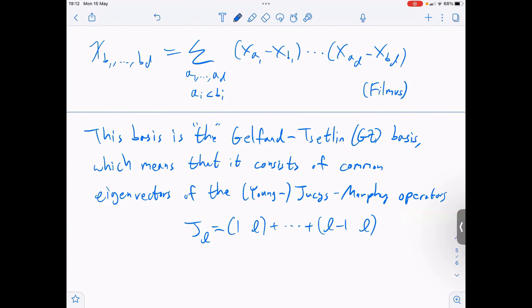Okay, but this does mean that we sort of found the right basis. Yeah, so questions about this before I summarize and suggest some open questions.